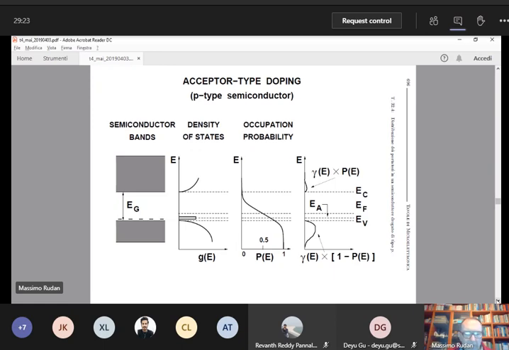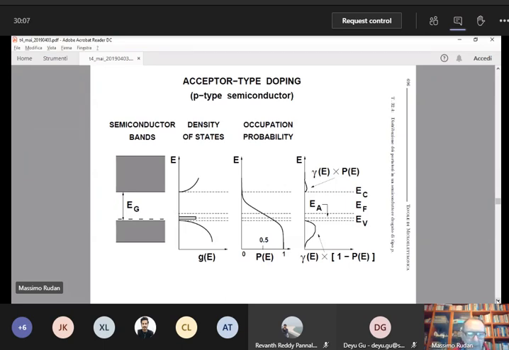So you can see from the second part of the figure from the left that the density of states again is a stick, but this stick is close to the edge of the valence band, and the central energy of the stick is called E sub A, as you can see on the right. Okay. Also, in this case, the distance between E sub A and EV, the upper edge of the valence band, is of the order of 0.03 electron volts.